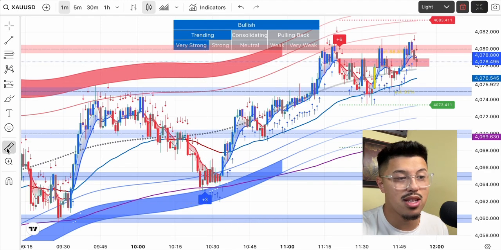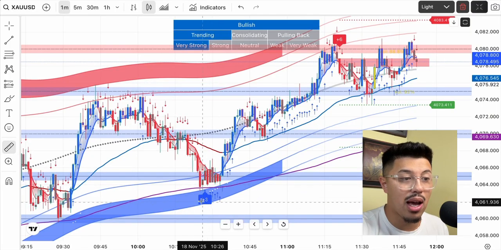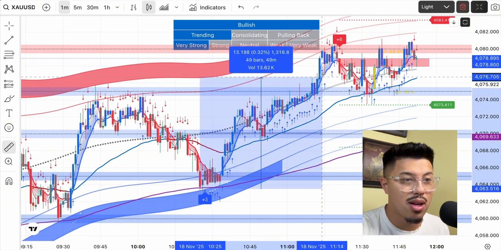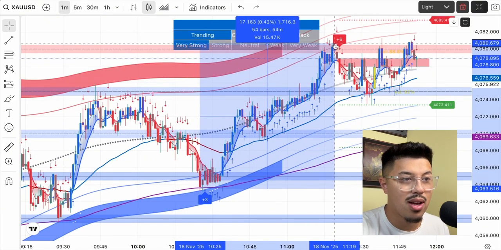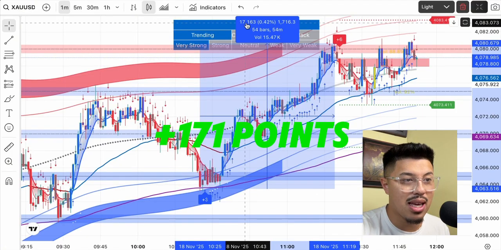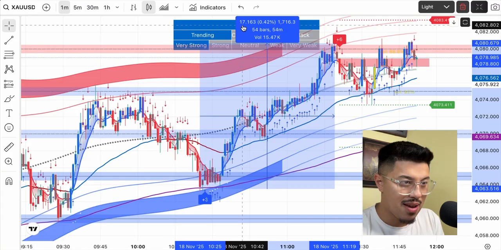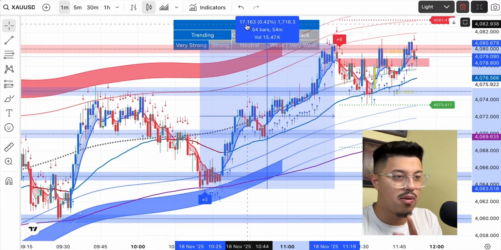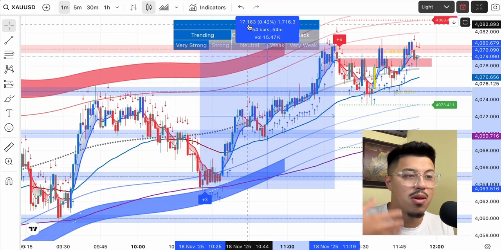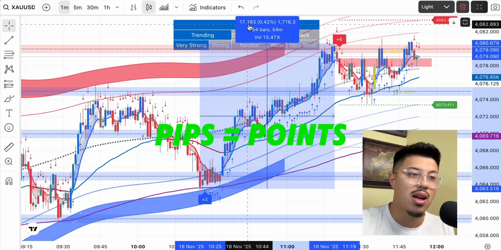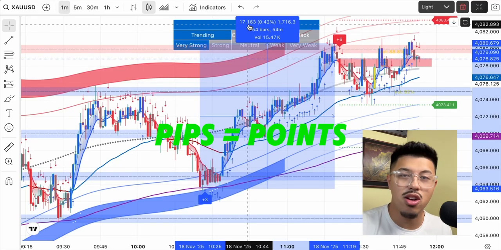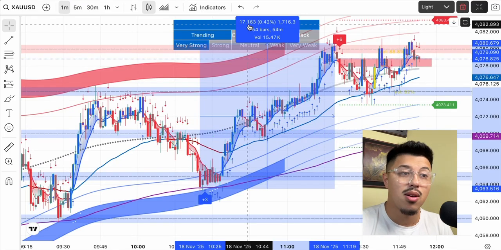So let's say that we took this trade on Sniper Pro and we got in for a buy. Well, from here to the price over here, the market moved 171 points. Now, it says 17.1, but on gold you move the decimal over 1. So 171, they're called pips, but for everybody on this training, we're going to just call them points to keep it super simple. So 171 points.